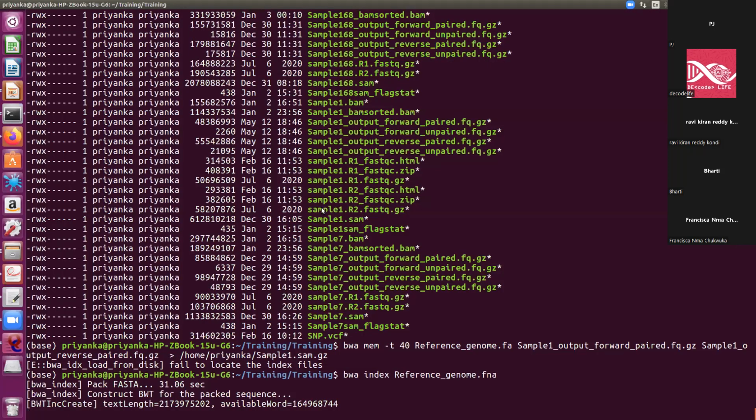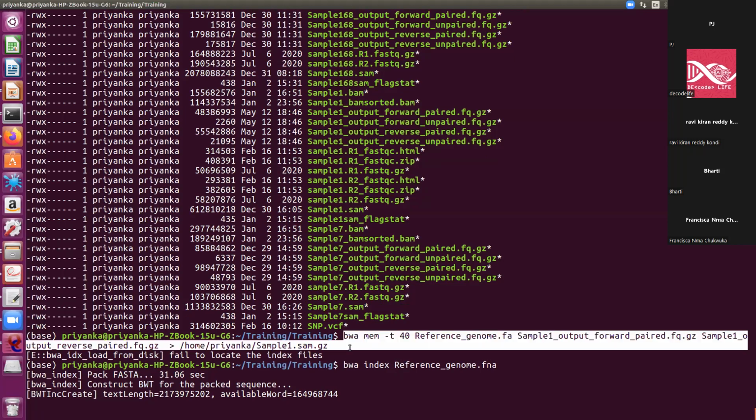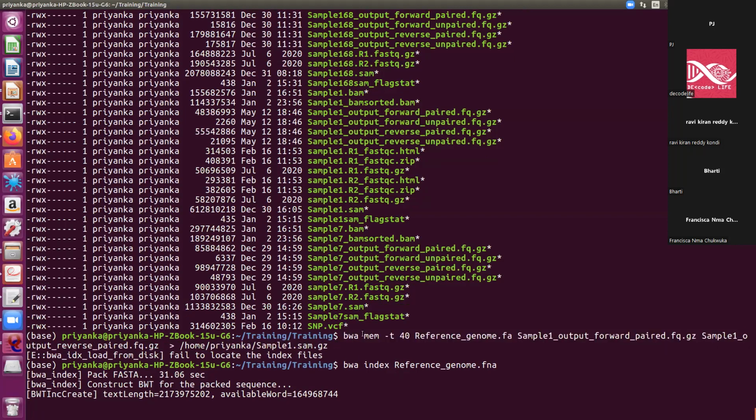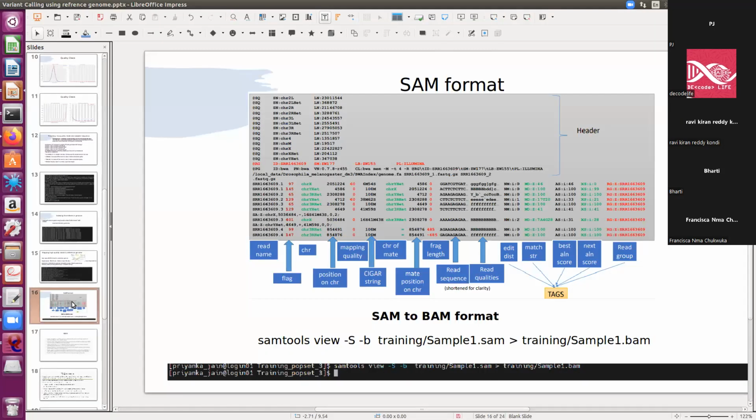The reference genome is still running, indexing is still going on. Once it gets indexed, you all also run this command, BWA-MEM, after indexing so that your alignment file will be ready today. By the end of this, after 1 hour, if you have fewer threads, whatever time it takes, one or two hours, be ready with this SAM file so that we can proceed with the further steps tomorrow in our class, and we can wind up the session on reference-based variant calling.